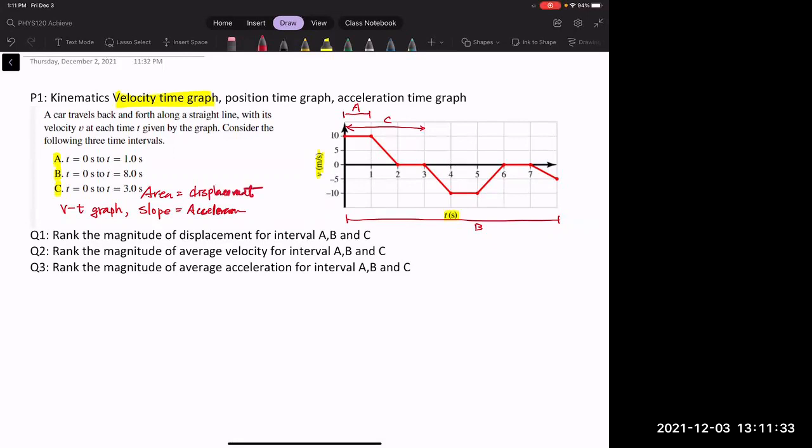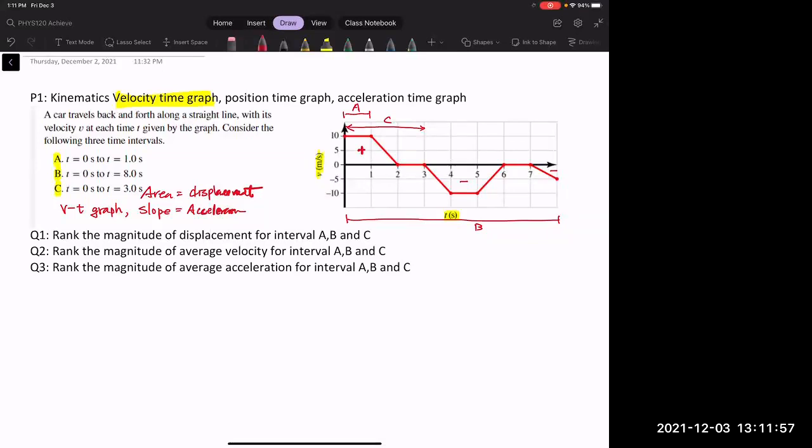And it can be positive or negative, depending on whether you are above or below the horizontal axis. Over here you have positive on the top, and here you have negative. Same for the area, it will be positive or negative.